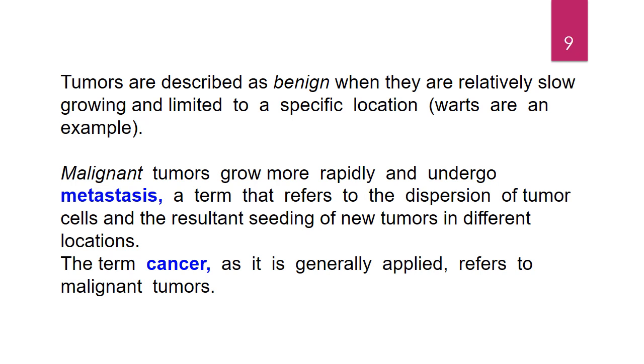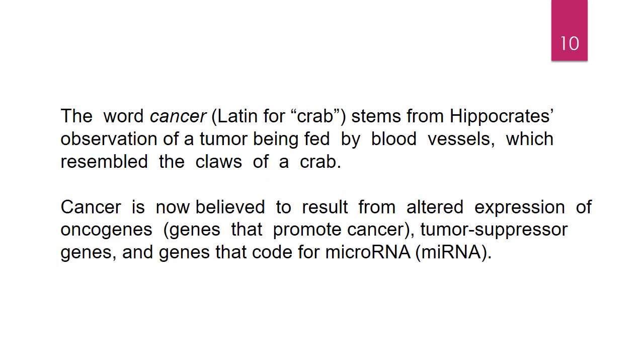The term cancer, as it is generally applied, refers to malignant tumors. The word cancer, in Latin crab, stems from Hippocrates' observation of a tumor being fed by blood vessels which resembled the claws of a crab.